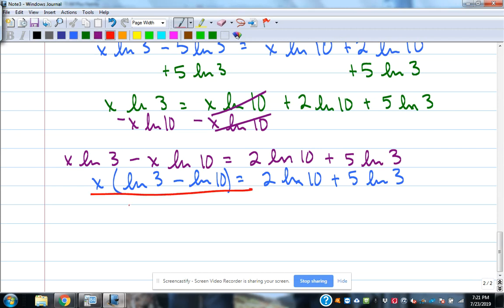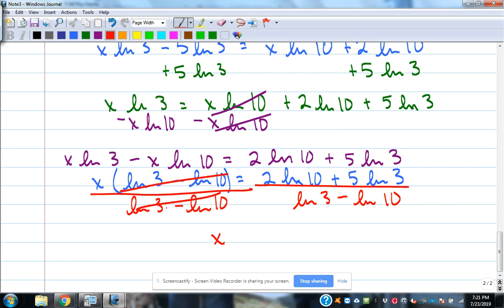So I'm going to divide by natural log of 3 minus natural log of 10. There's an x by itself. That's what we've been trying to do this whole time. And then on the right-hand side, we got 2 natural log of 10 plus 5 natural log of 3 over natural log of 3 minus natural log of 10.